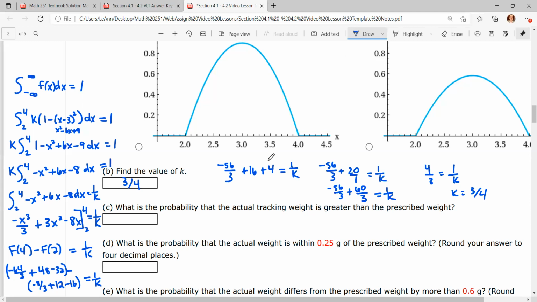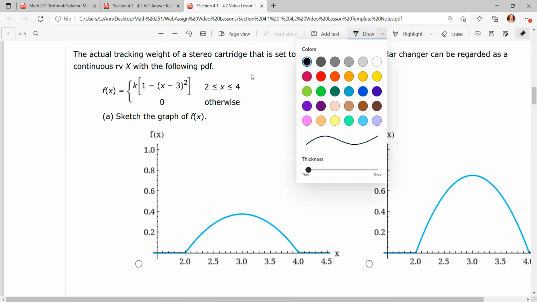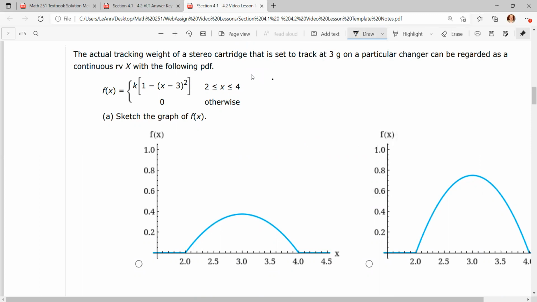Well, let's go back up and look. So if we look at our graph up here, our options, we know from algebra class, so going back a little bit further, we can look at this and say, okay, this is now 3/4 or 0.75 bracket 1 minus parentheses x minus 3 squared.